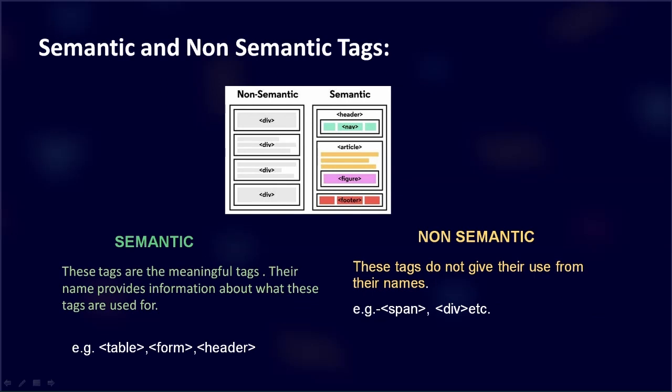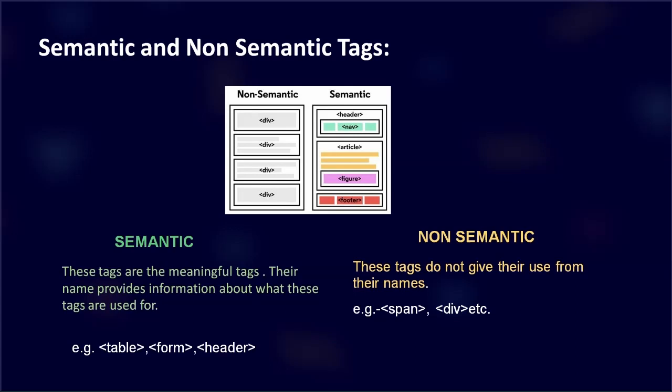Then the last thing that we need to cover today is semantic and non-semantic tags. So the tags which tell by their name what purpose they are meant for are the semantic tags. Their name will suggest what their purpose is, why they are used here.